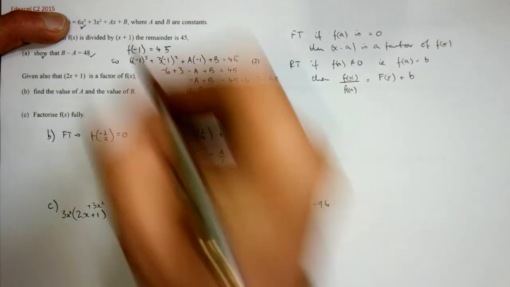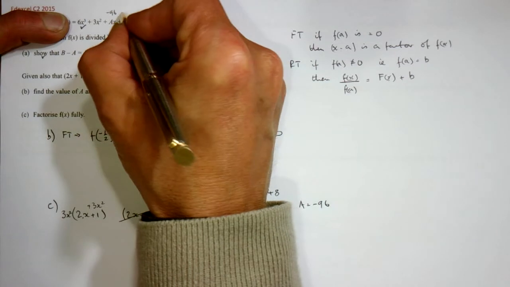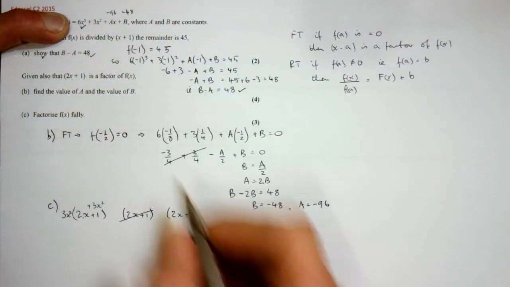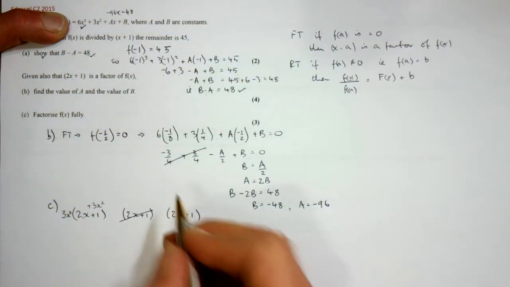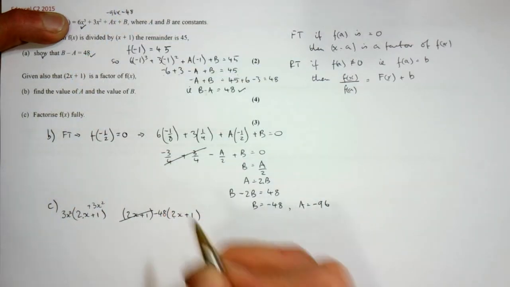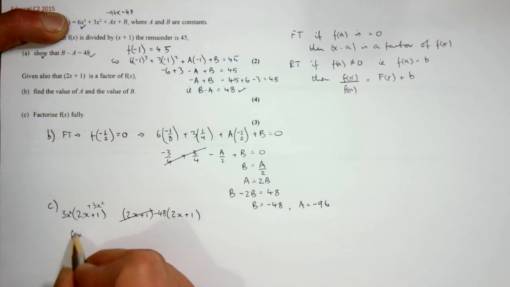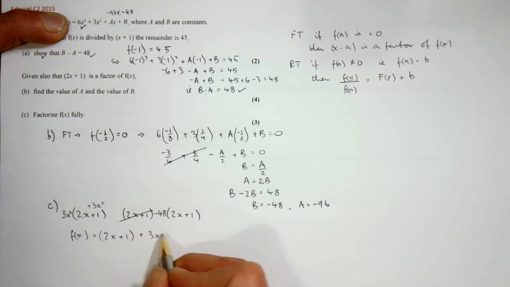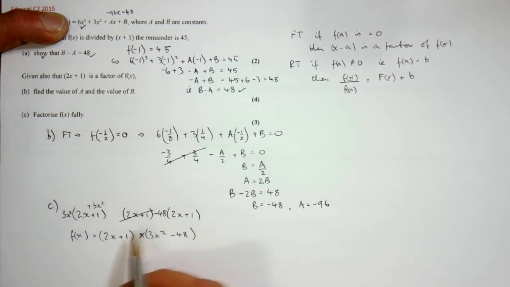Remember, this is minus 96, and this is minus 48. So what do we times 2x by to give minus 96x? And the answer is minus 48. So f of x we can write as 2x plus 1 times 3x squared minus 48. There's our quadratic factor.